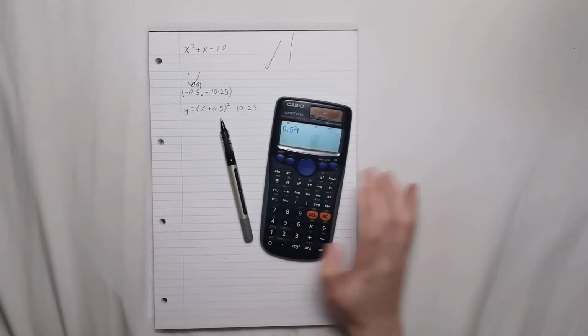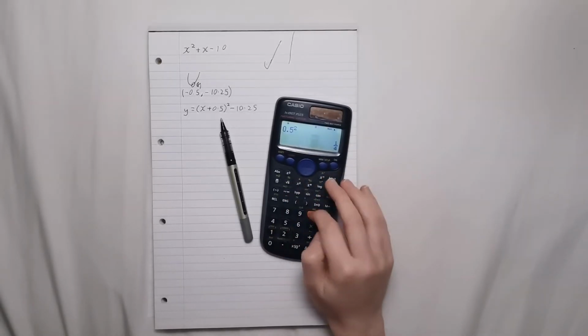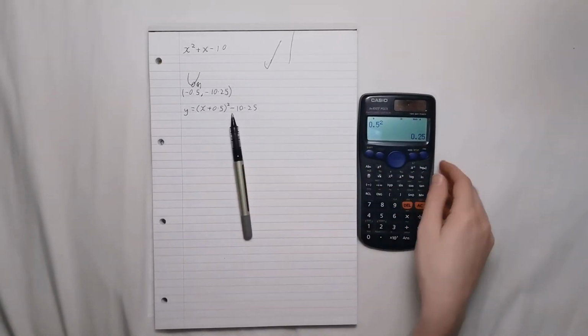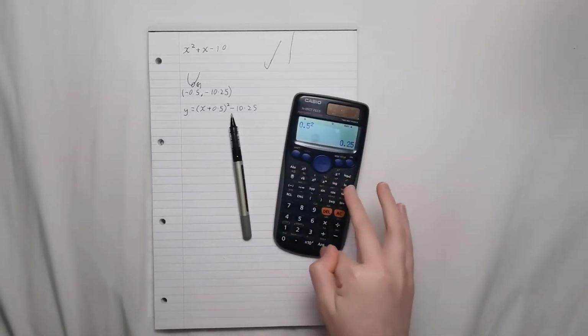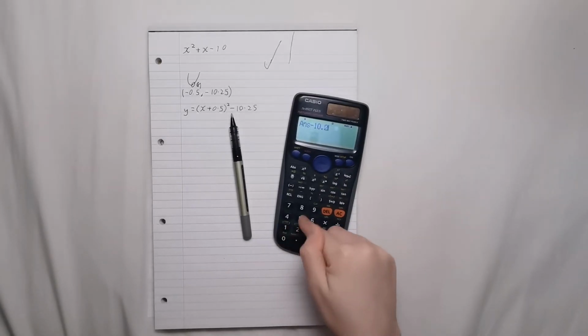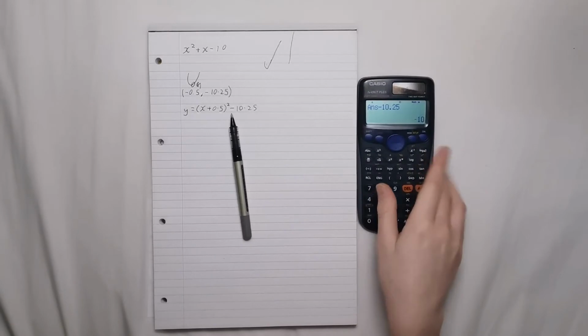0.5 squared. Wow, it's the same as last time. 0.25, take away 10.25, so the answer is negative 10.